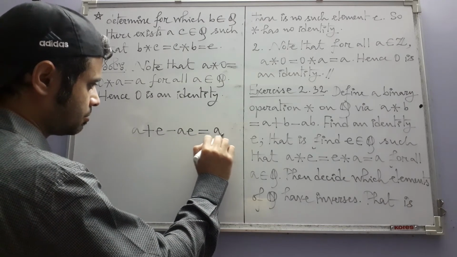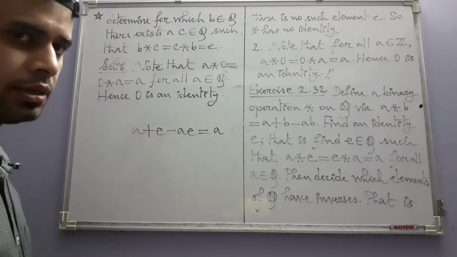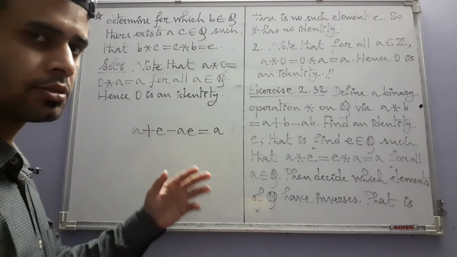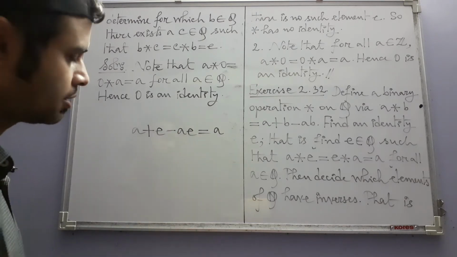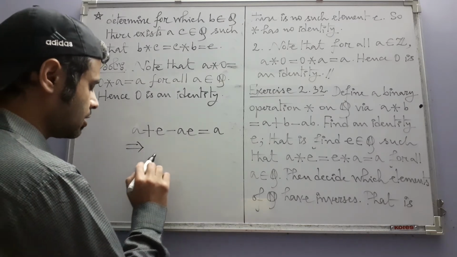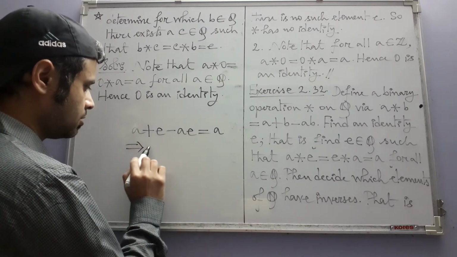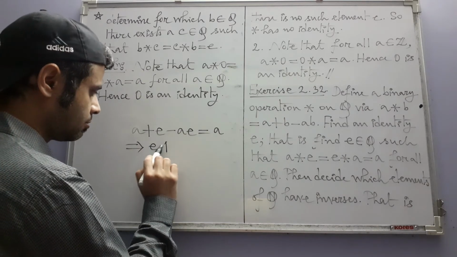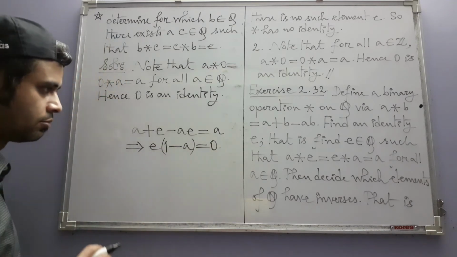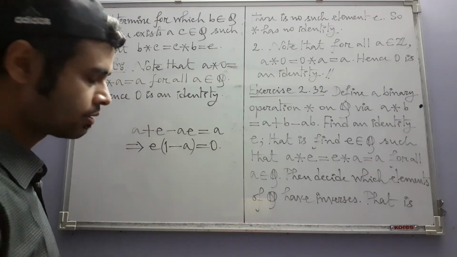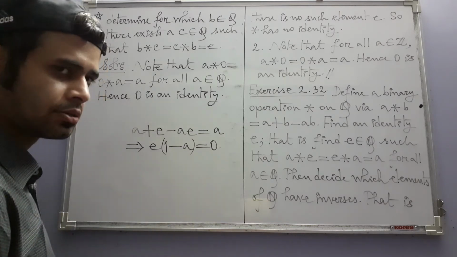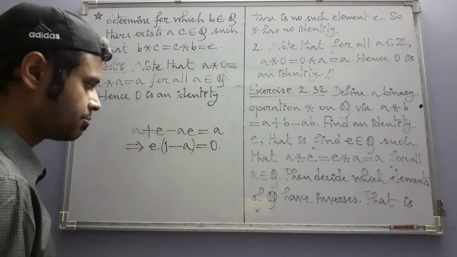A star E should be equal to A. If E is our identity, then A star E is this, that should be equal to A, and this should be true for all rational numbers A. And that gives us what? These two, after cancelling them, you get a condition for all A. Now clearly for all A, 1 minus A cannot be equal to 0, and A is also allowed to be rational.